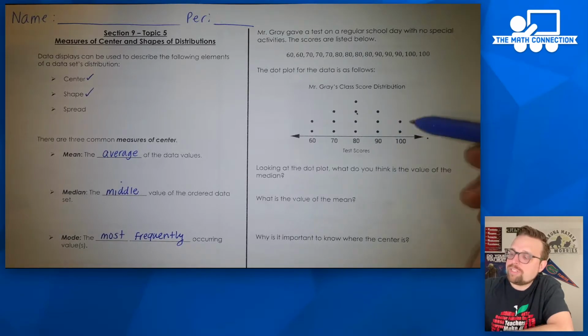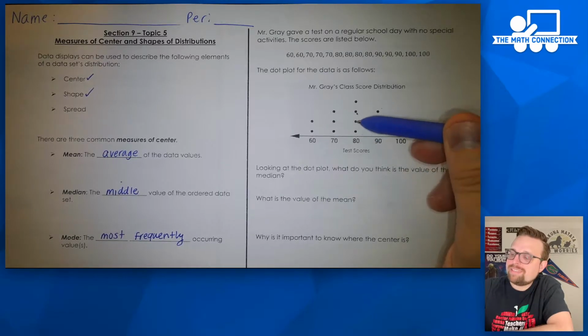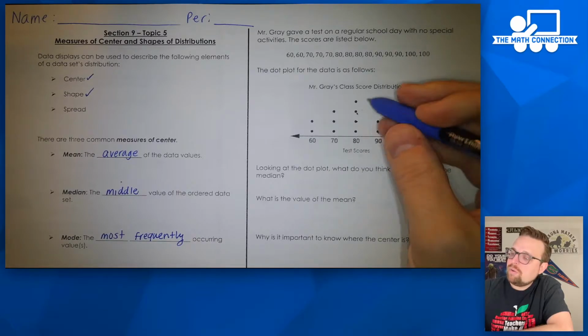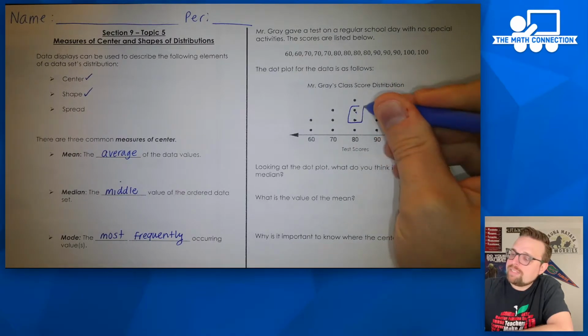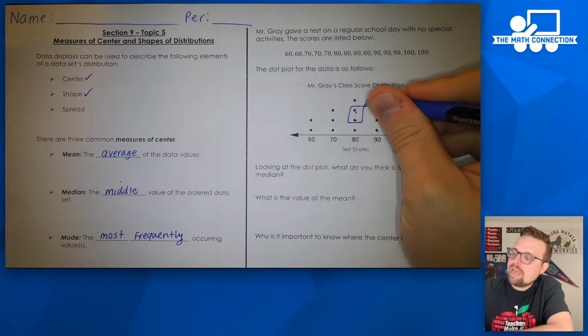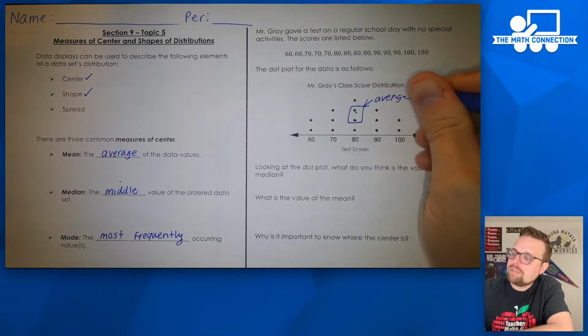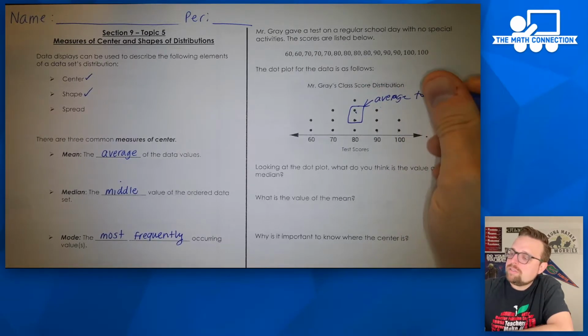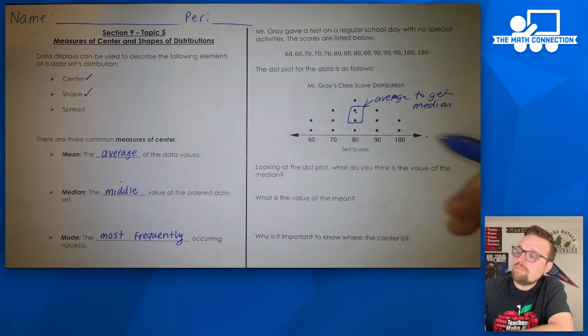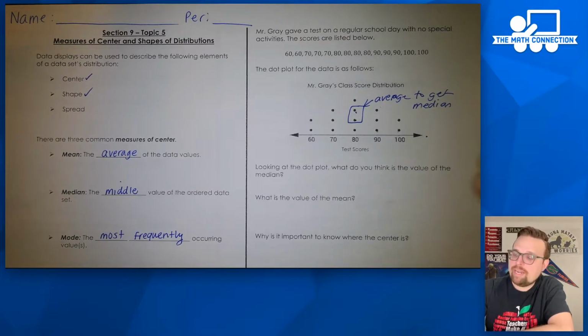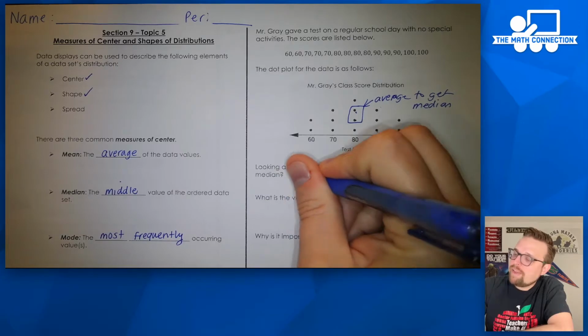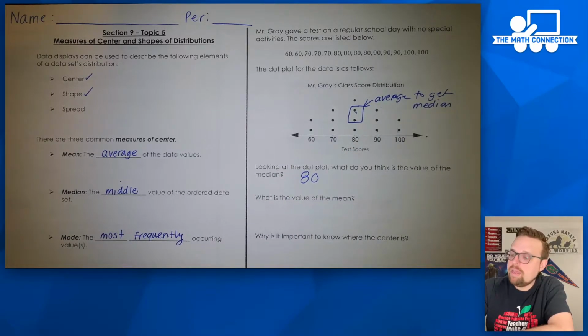And the other direction would be 1, 2, 3, 4, 5, 6, 7. So what we have to do here is take these 2 middle values and average them to get the median. The median here is going to be 80 plus 80 divided by 2, and that comes out to 80. So we have 80 for the value of our median.